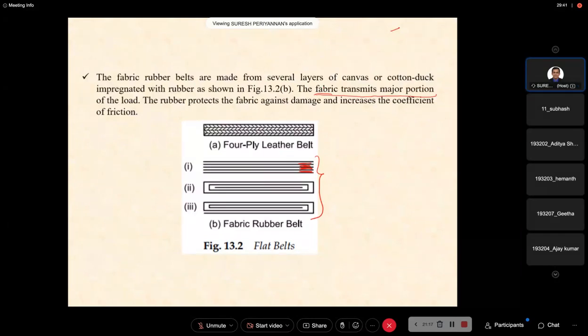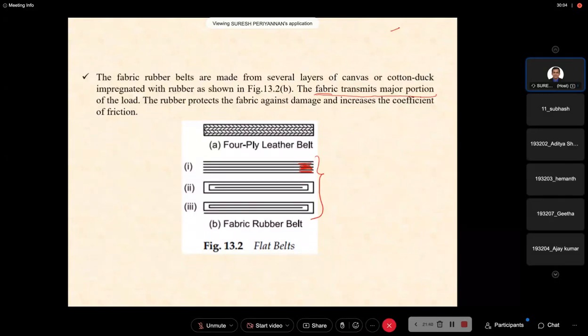Fabric rubber belts are made of several layers of canvas and cotton tag impregnated with rubber. Here the fabric transmits the power. The fabric is the main component to transmit the power. The rubber protects the fabric against damage and increases the coefficient of friction. Anyway, this is simple theory only.